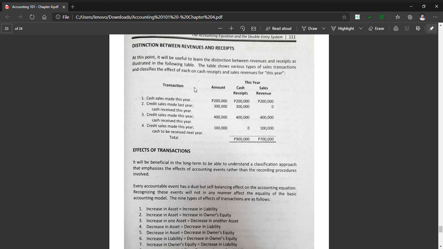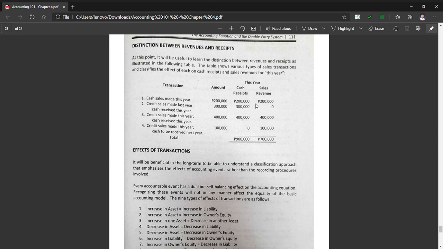So first transaction is your cash sales made this year. Okay, so yung cash sales, this is our sales or mga nabenta na naka-receive agad tayo ng cash. Meaning nagbayad sila ng cash. So walang utang. Right? So in this transaction, meron tayong na-receive na cash na 200,000. Tapos meron din tayong ma-record na revenue na 200,000.